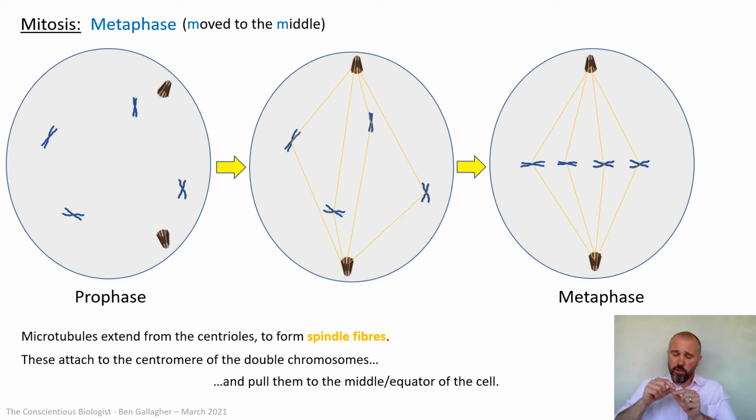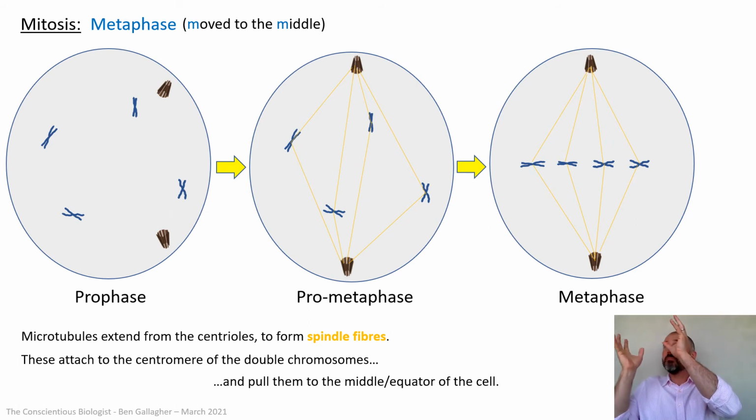So the centrioles have to get to the outside, fire out their spindle fibers to grab the chromosomes, then pull them to the middle. Okay. Now that in-between phase, because it's in between prophase and metaphase, is generally referred to as prometaphase. But it's really important that you understand how we got to this metaphase here from the prophase over there. And it's by going through there that these spindle fibers pulled them into position.